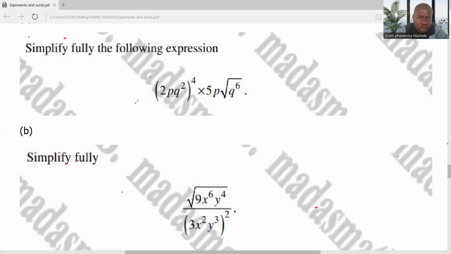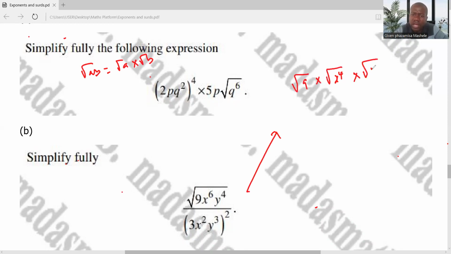We know the root of AB is the square root of A alone times the square root of B alone. We can still use it there. So this is the same as the square root of 9 alone, the square root of x to the power 4 alone, and the square root of x to the power 6 alone, and y to the power 4 alone.